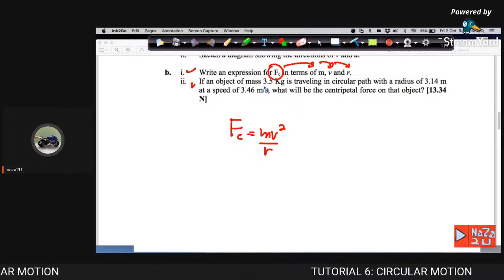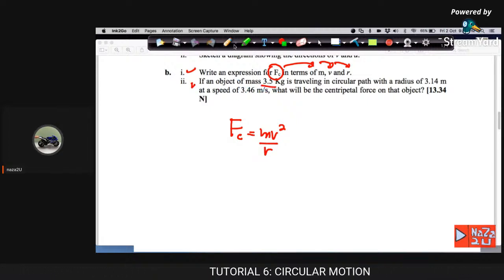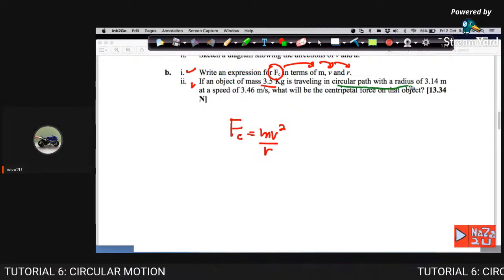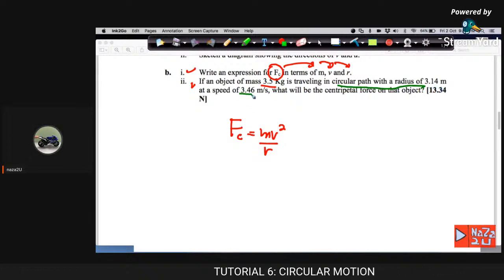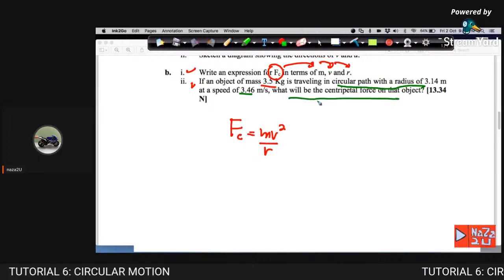This is number 1, and number 2. If an object of mass 3.5 kilograms is traveling in a circular path with a radius r of 3.14 meters at a speed of 3.46 meters per second, what will be the centripetal force?